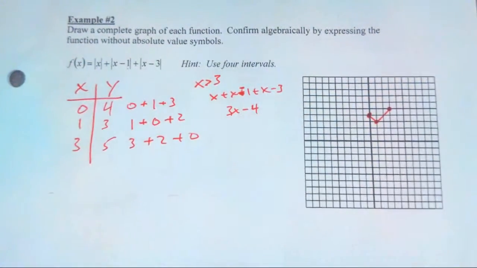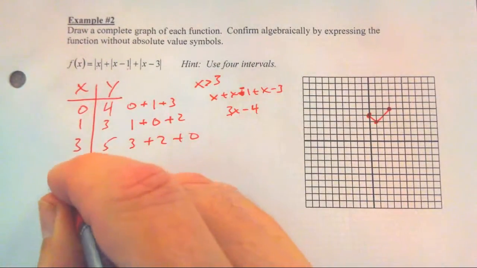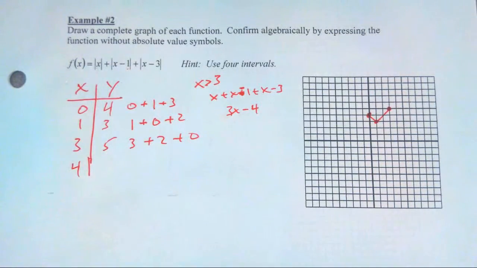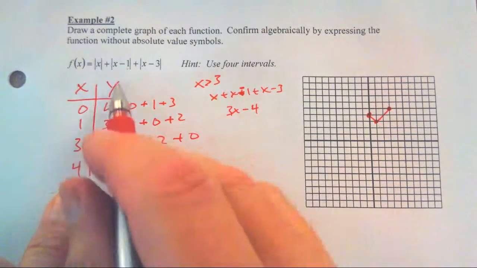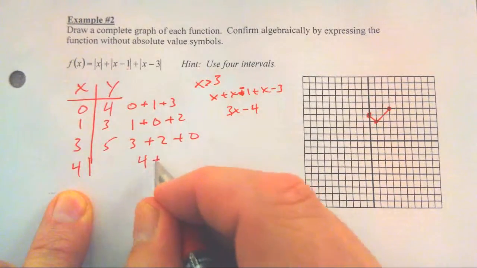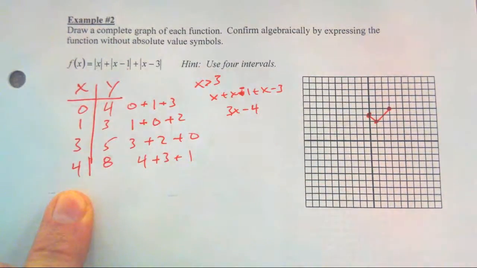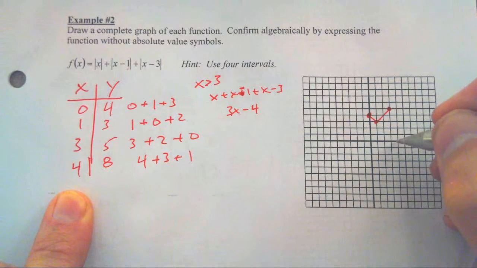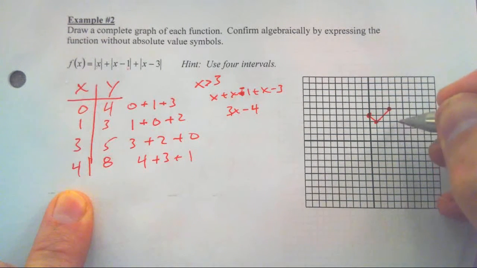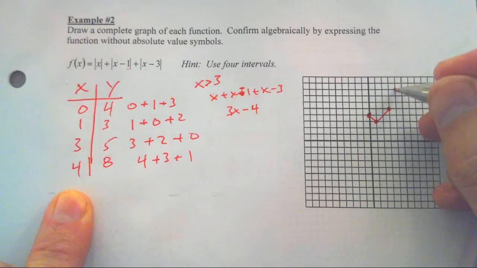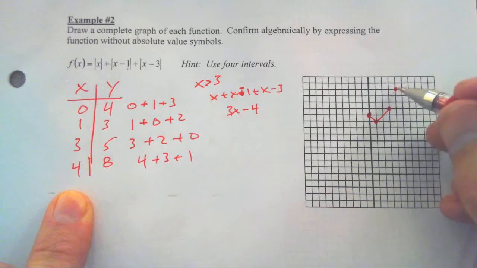So I could graph 3x minus 4, but I could also do this. Let's just put in 4. If I put in 4, I get 4 plus 3 plus 1, 8. So put in 4, get out 1, 2, 3, 4, 5, 6, 7, 8. Notice how that's 3 steps up from there?